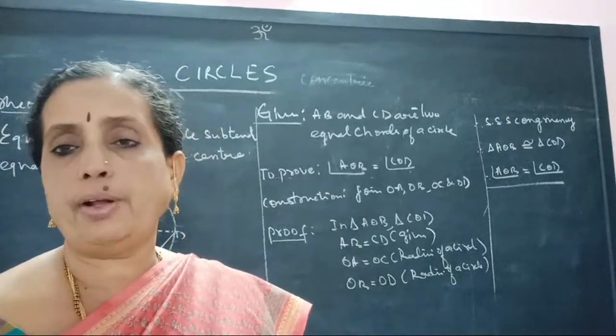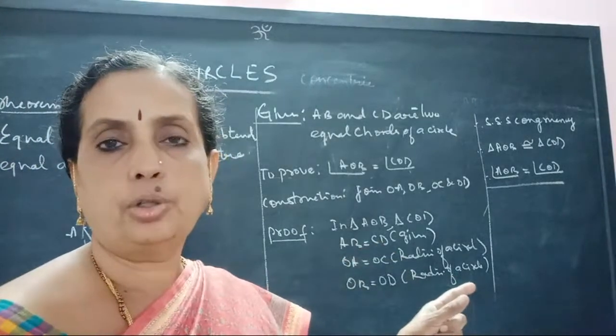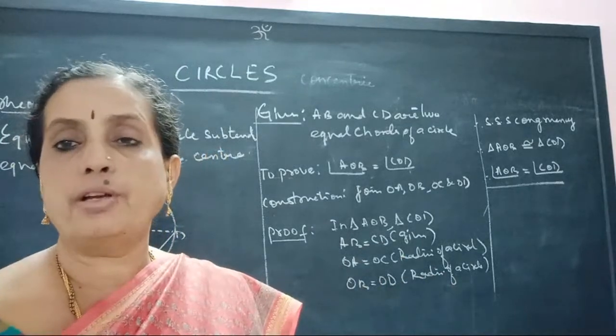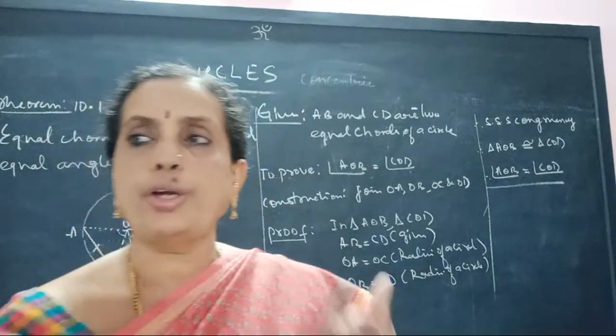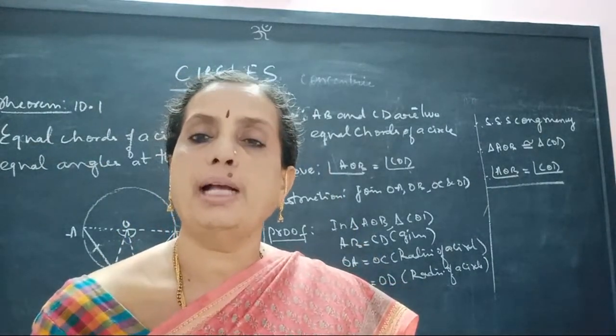You have studied these statements, and we use congruency to prove the angles are equal. That is, when we draw two equal chords and join them to the center, they are going to subtend equal angles.